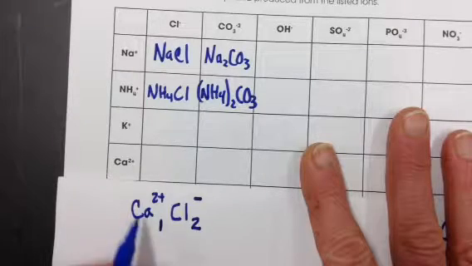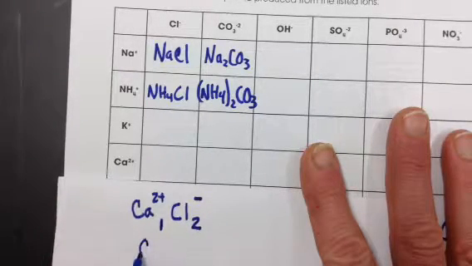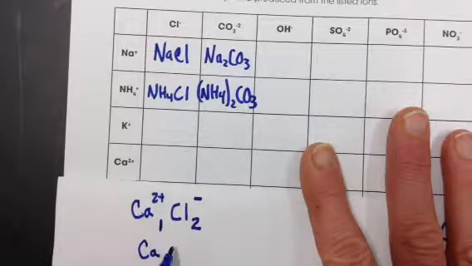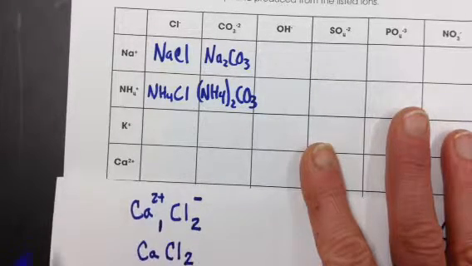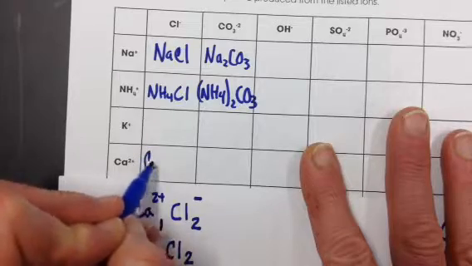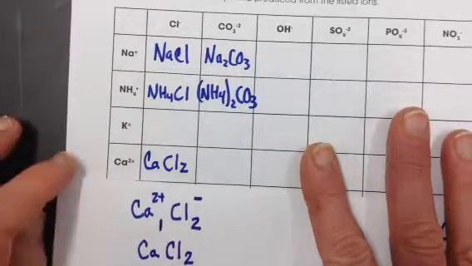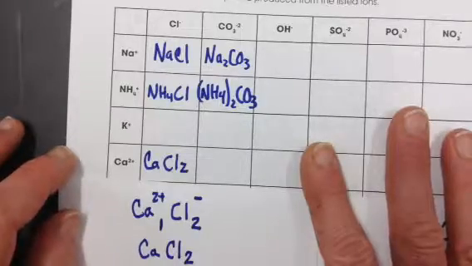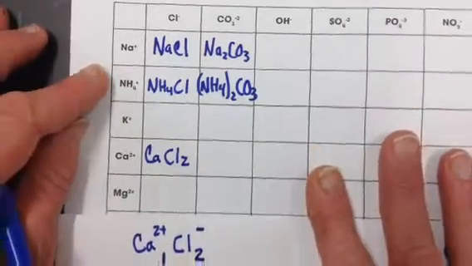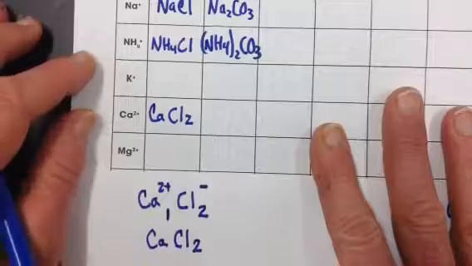Now let's clean it up. We drop the oxidation numbers, and we don't have to write the 1. If there's nothing there, we assume it's 1. So this is calcium chloride, CaCl2.